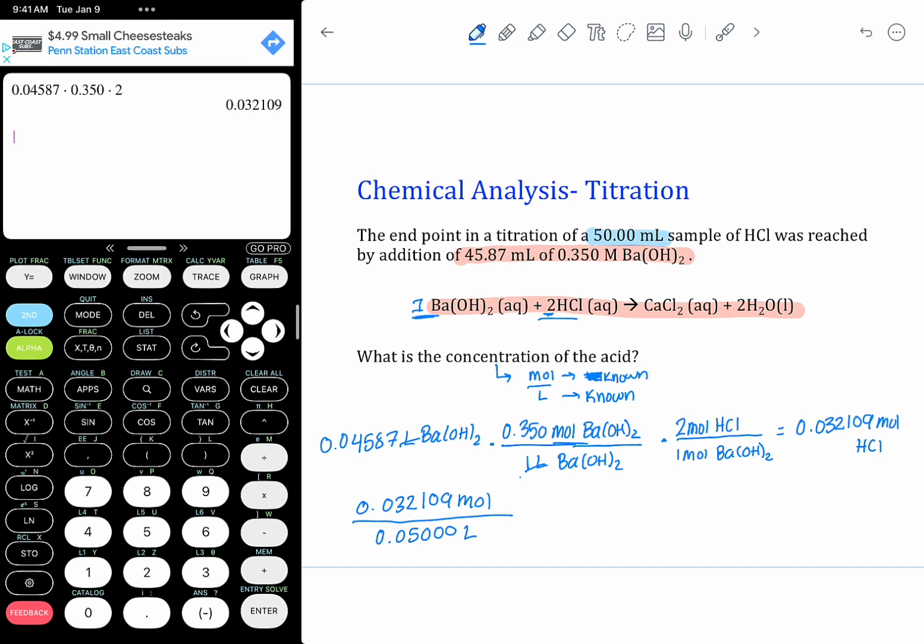So we're going to get that answer divided by 0.05000. So we get a molarity of 0.642 with sig figs. So we have 3 sig figs coming from our concentration of barium hydroxide. So our concentration of our acid from this titration is 0.642 molar HCl.